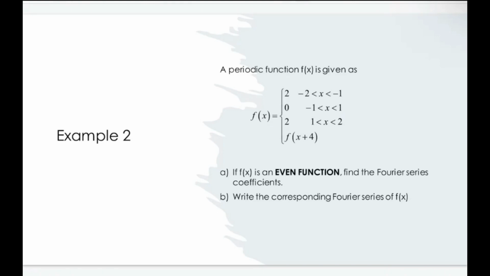A periodic function f(x) is given as this piecewise function. We have f(x) equal to 2 in the range of -2 to -1, equal to 0 in the range of -1 to 1, and equal to 2 in the range of 1 to 2.